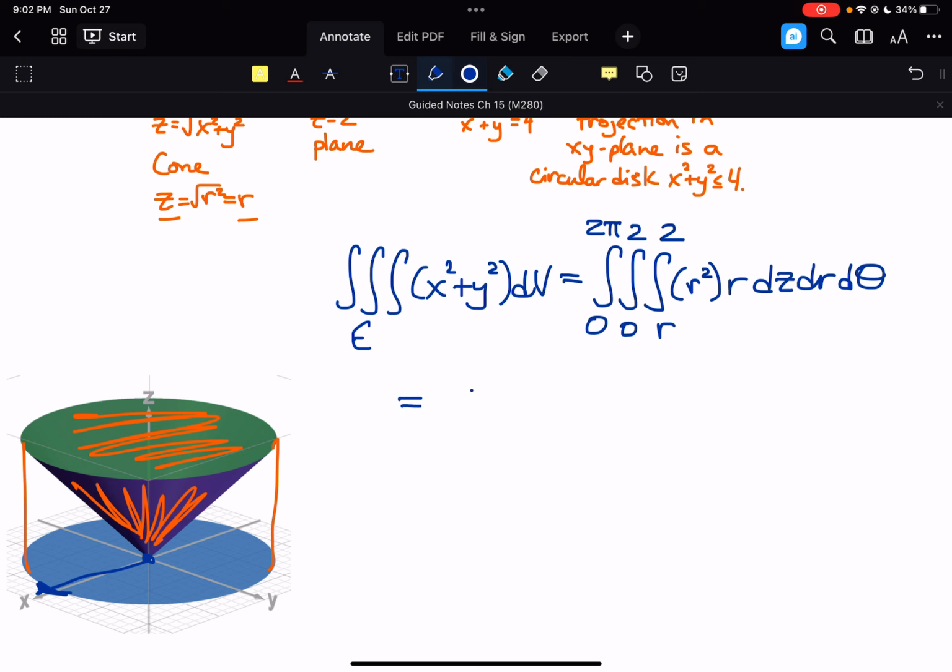All right. So if we knock out this first part, that's going to be r cubed times z, evaluated from r to 2, dr d theta.